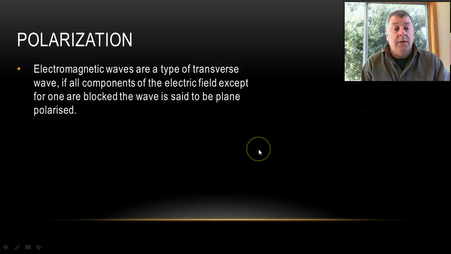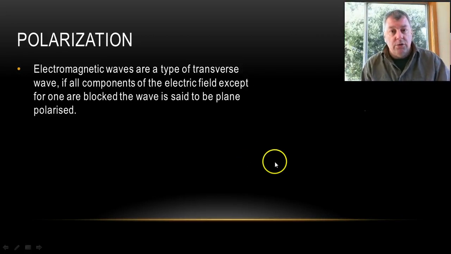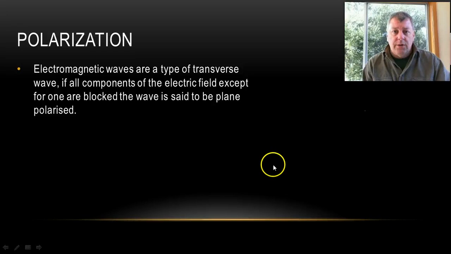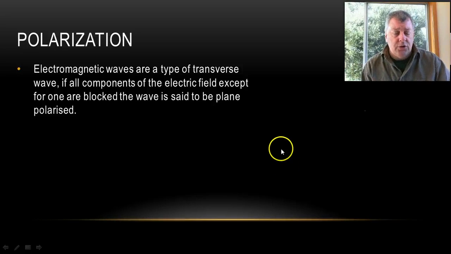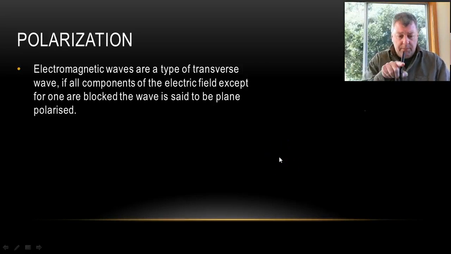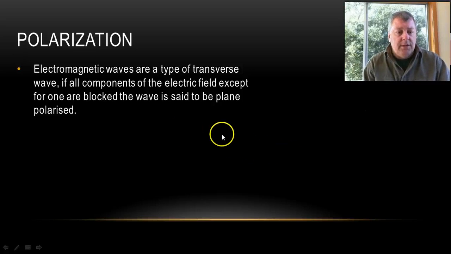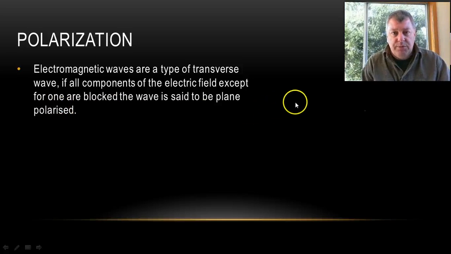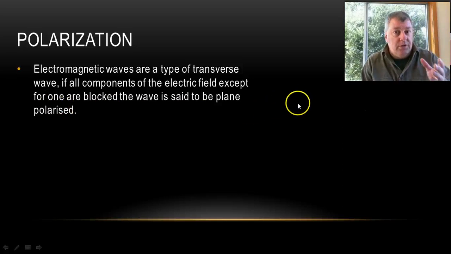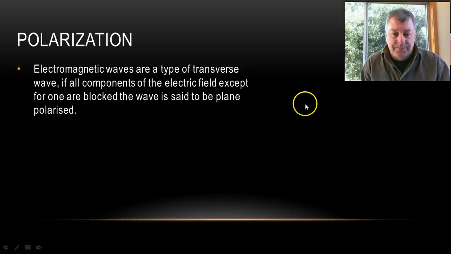If we take a bundle of light, lots and lots of light shining onto a surface, all those electric and magnetic fields are vibrating in all possible rotations around that path of propagation. When we polarize it, we block all but one of those possible vibrations, or orientations is probably a better word for it, and then it's said to be plane polarized.